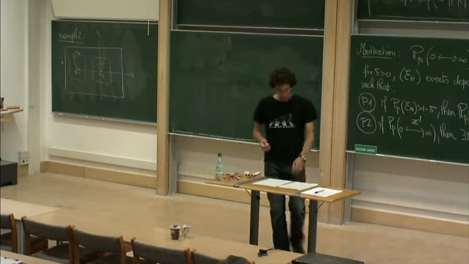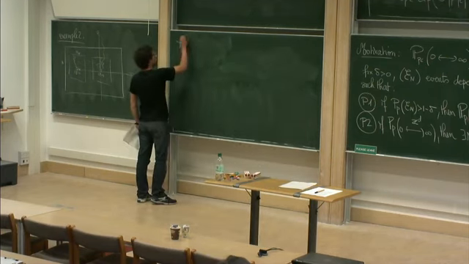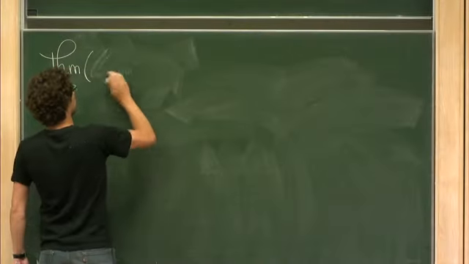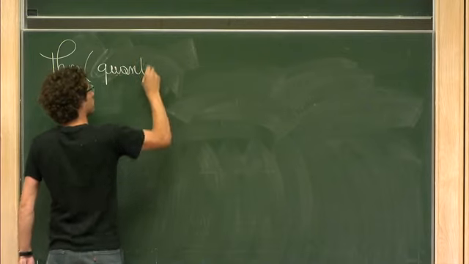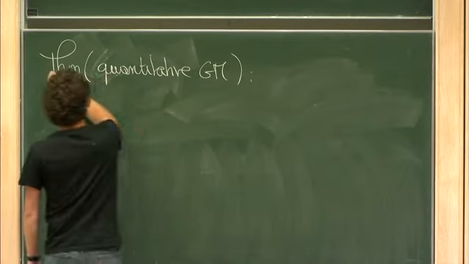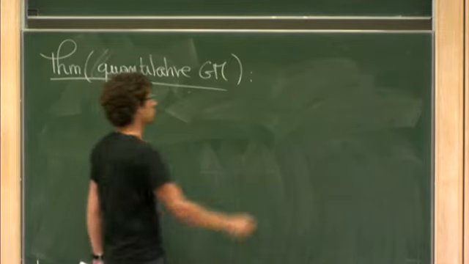So the first part, this quantitative Grimmett-Marstrand, I'm not going to describe the proof at all. I'm just going to state the theorem. But there are already some interesting features.